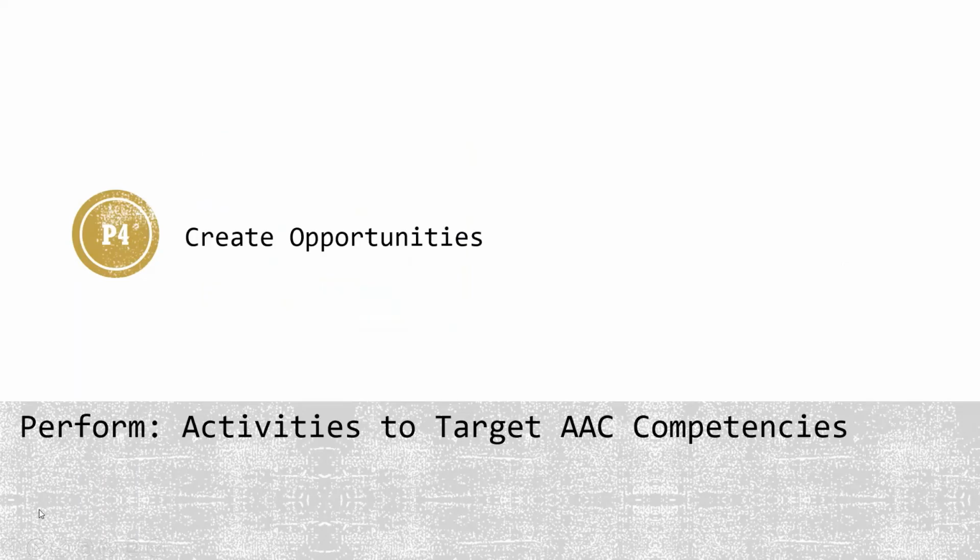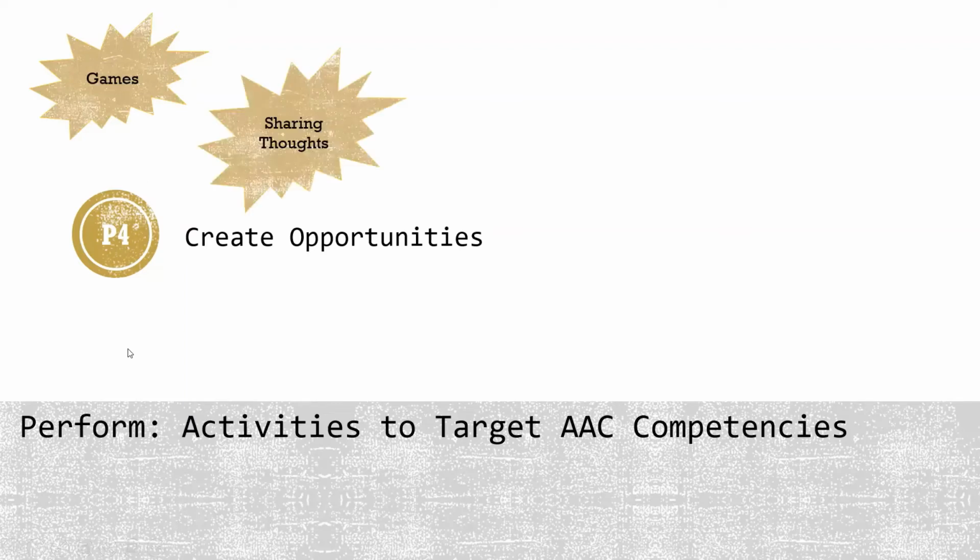Once we gather all of that and we have programmed the systems, we want to create relevant activities to target these AAC competencies and give the individual an opportunity to trial the devices, to do that dynamic assessment. It's really important that we create opportunities, and we can do that in a variety of ways. Maybe we are engaging them in playing a game.